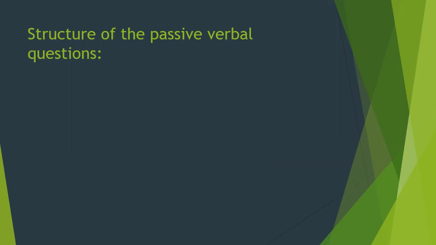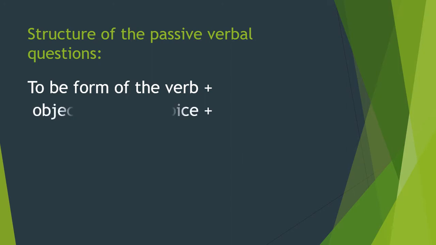Now let us see the structure of the passive verbal questions. The structure is: to be form of the verb. To be form of the verb means, as I have already told you, is, was, are, were, has, have, had, etc., plus the object of the active voice.